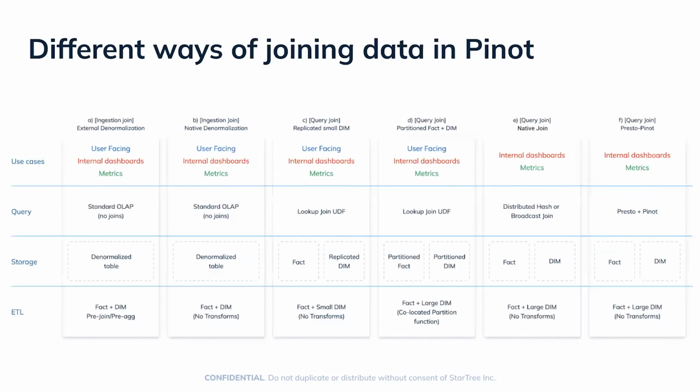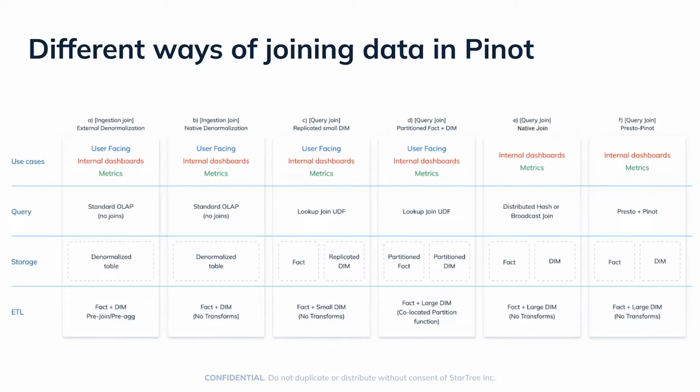So let's go back to some of the use cases that we wanted to touch base on for these types of joins. Like I said before, you have denormalizations, the dimension joins, or you can distribute your dimensions, or you can actually do your native joins.